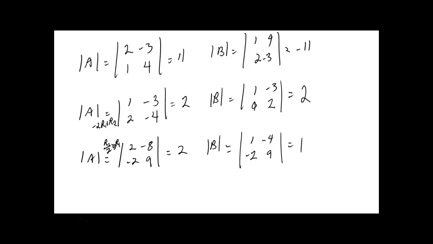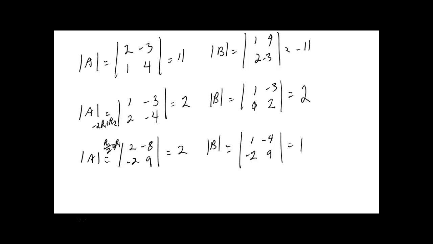Our 3 elementary row operations: exchanging 2 rows negates a determinant. Adding a multiple of 1 row to another row keeps the determinant exactly the same. But multiplying a row, or a column, by a non-zero number is going to multiply the determinant by that same non-zero number.